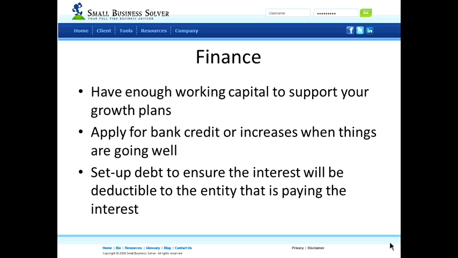Finance. It's important to have enough working capital to support your business plan. Remember that often the faster the business is growing, the more working capital is needed. Picture that your business is building bicycles. If you're building 10 bikes, you would have to purchase the equipment and pay the labor to manufacture those 10 bikes.